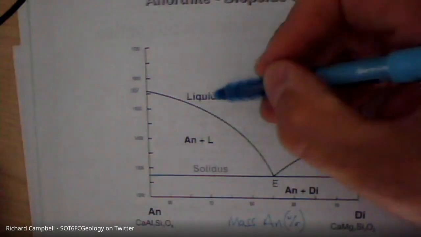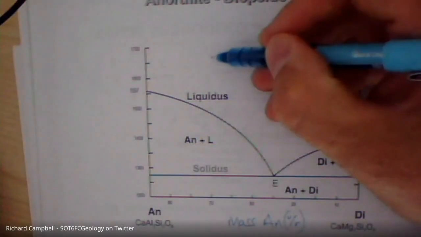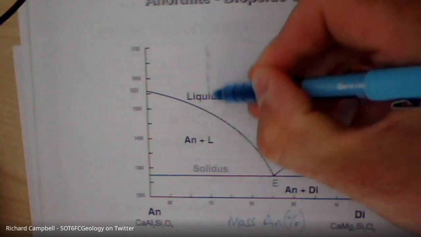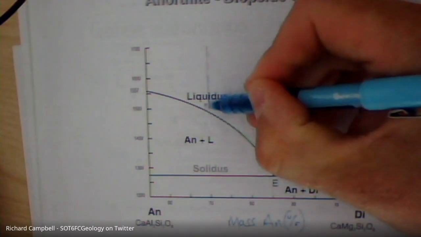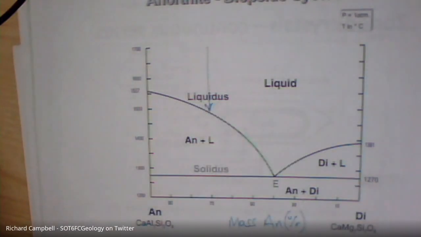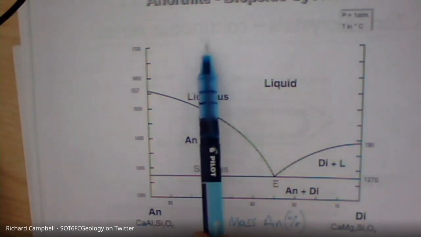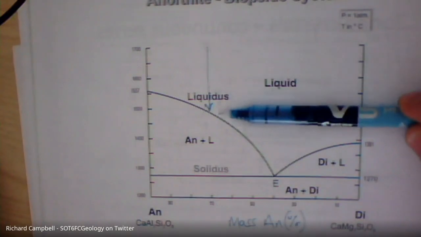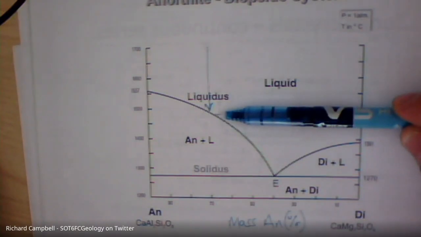Okay, so let's take a melt which has got 70% anorthite. Draw it very crudely on there. So as the temperature drops, and we're starting at 1700 degrees Celsius here, as the temperature drops, we'll get towards that point of crystallization.